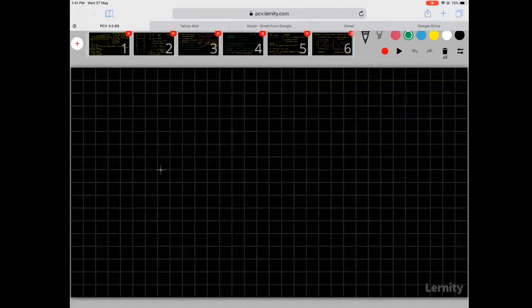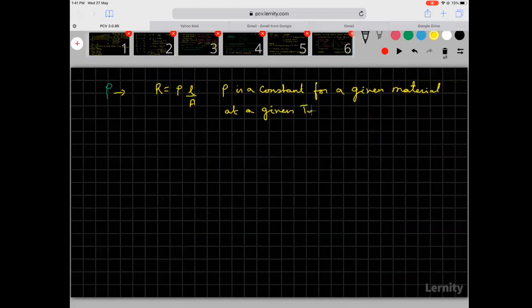Understand that R is equal to rho L by A. Resistivity is a constant for a given material at a given temperature.